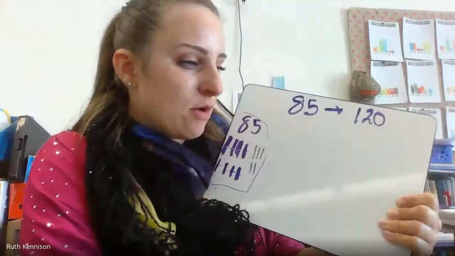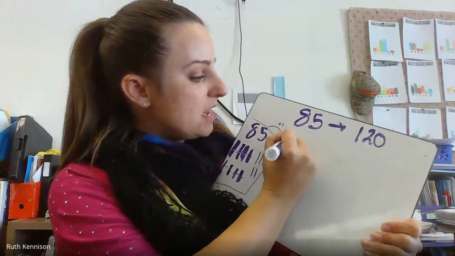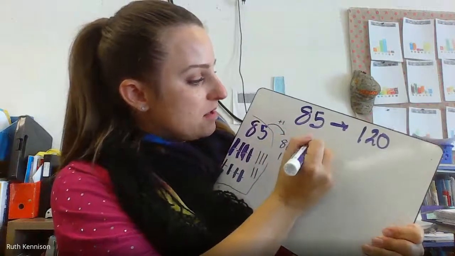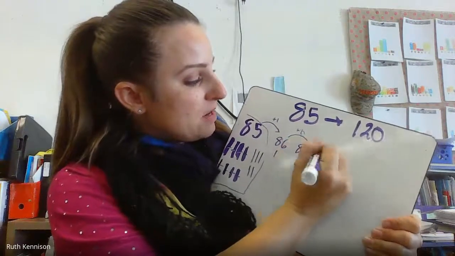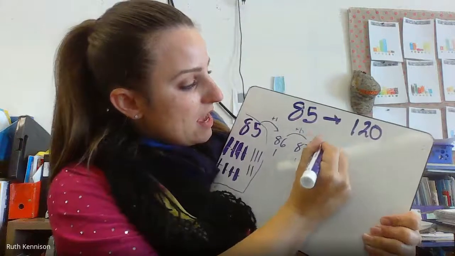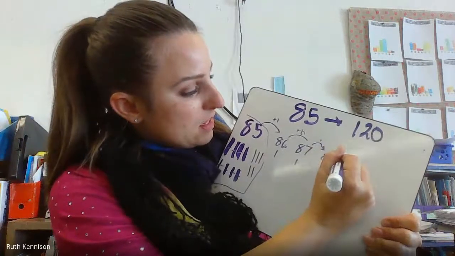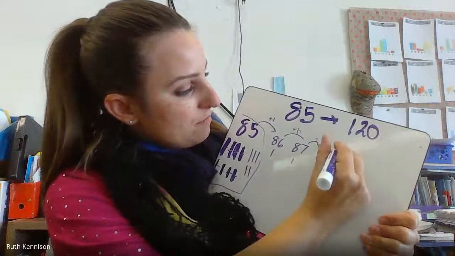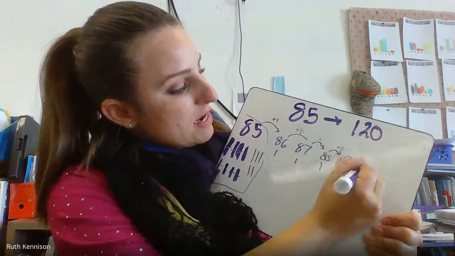We could count by tens, or we could go 85 plus 1 to 86, plus 1 more, 87, then 88, and 89, finally getting us to 90.